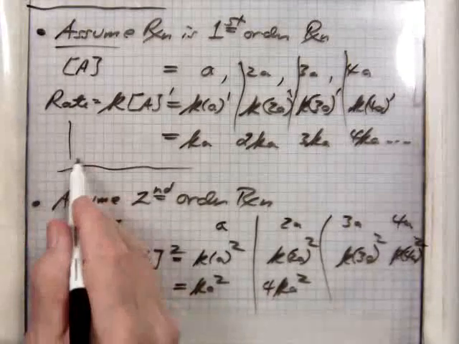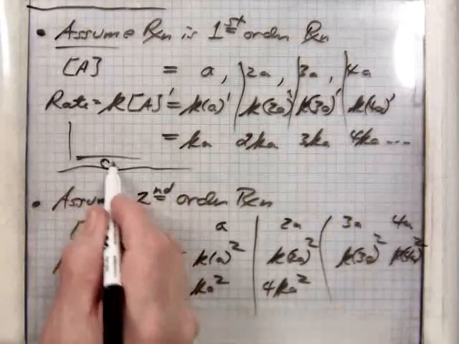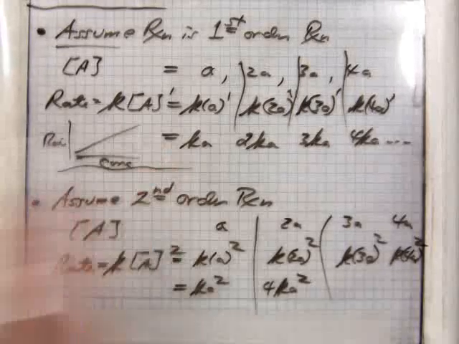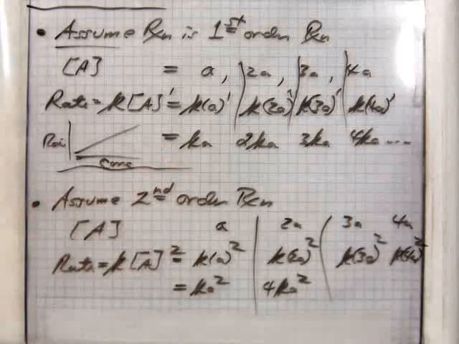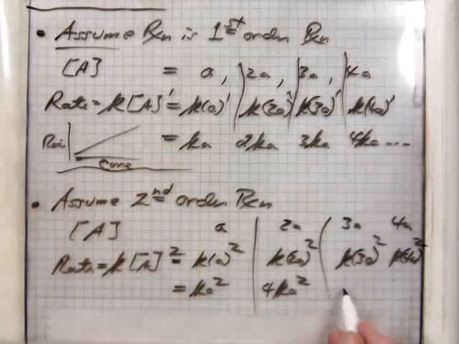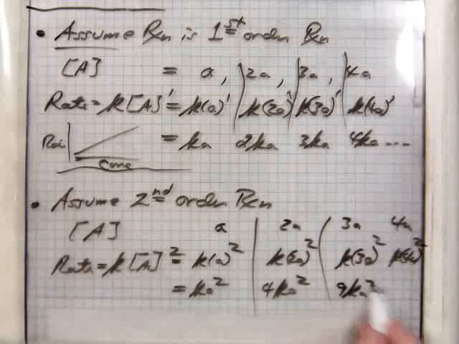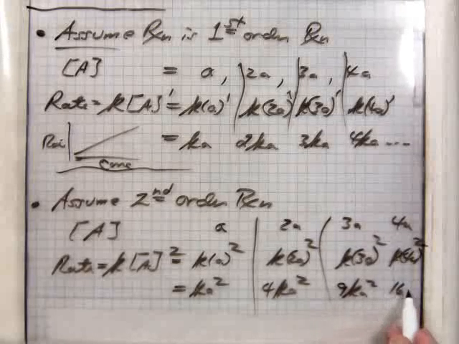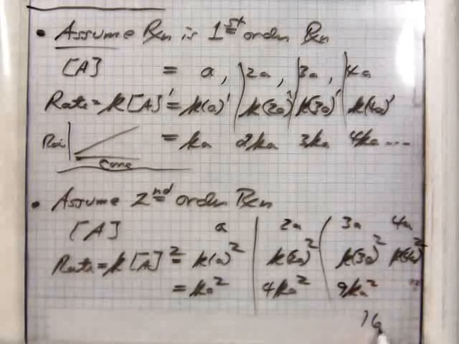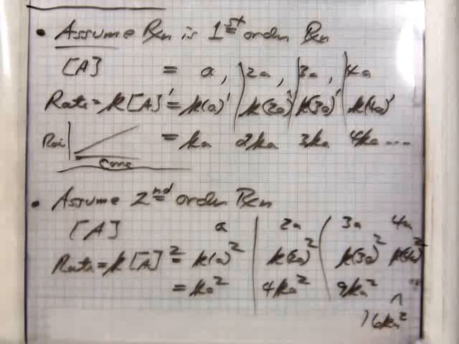I didn't draw my curve up here. So that's a straight line in the first order. But in the second order, we have 9kA squared and then 16. I thought it was 16. 16kA squared.